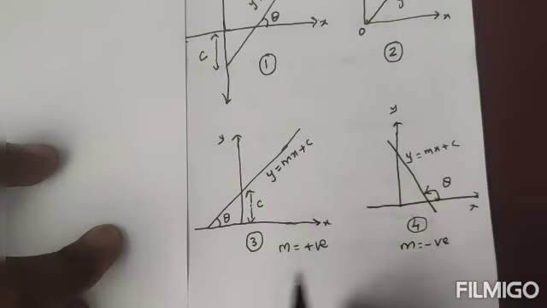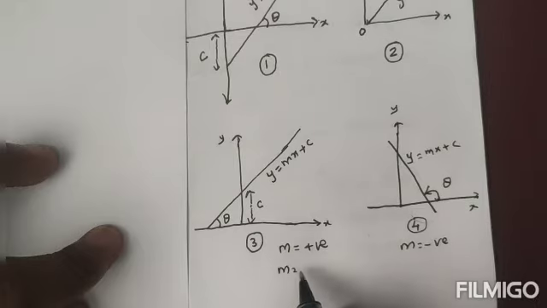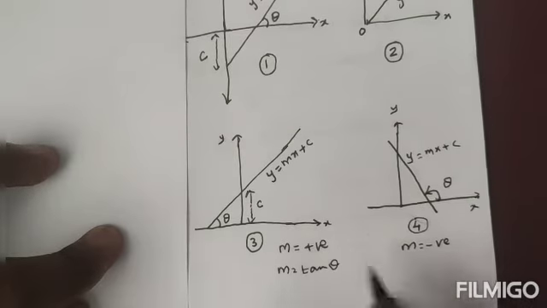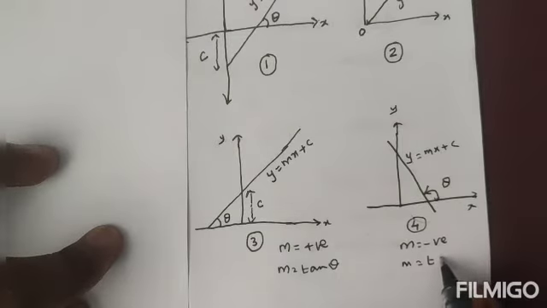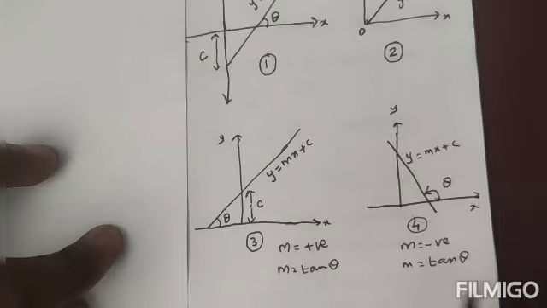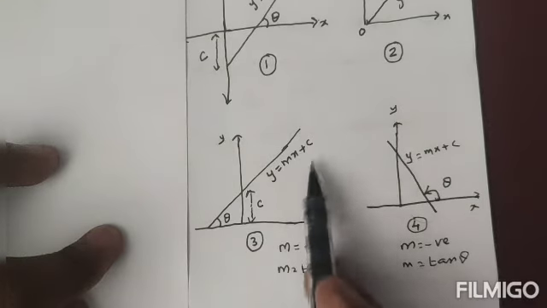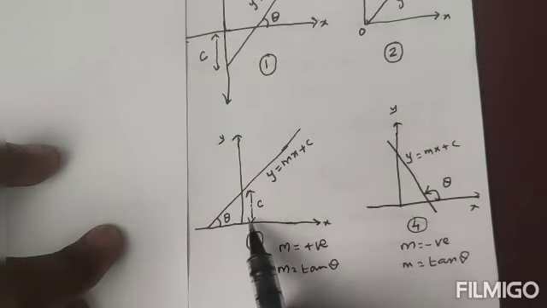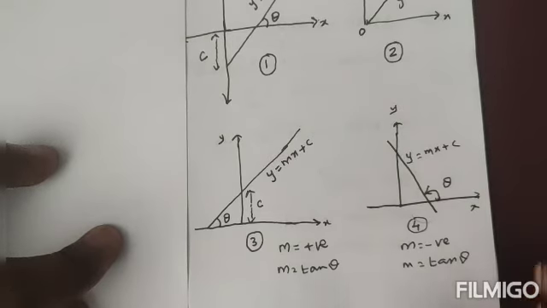Actually m is nothing but tan theta. Here also m is tan theta, because the angle, adjacent and opposite, both relate to tan theta.